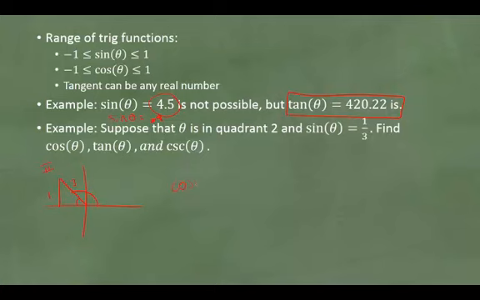Find cosine theta, tangent theta, and cosecant theta. We've already done some problems like this, so I'm just going to write the answer down. This should be square root of 8 over 3. This should be 3 over the square root of 8.